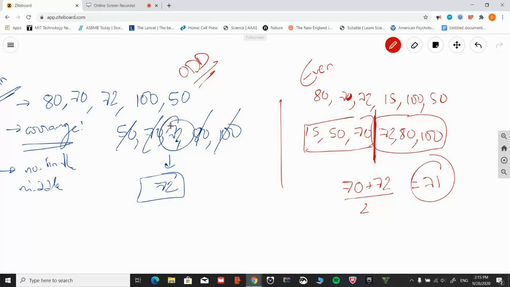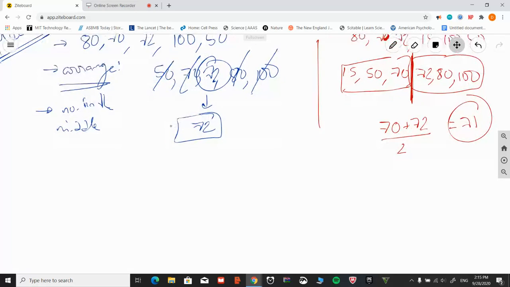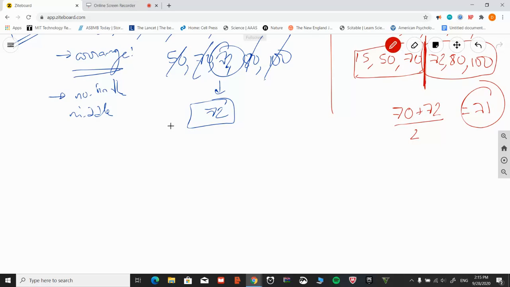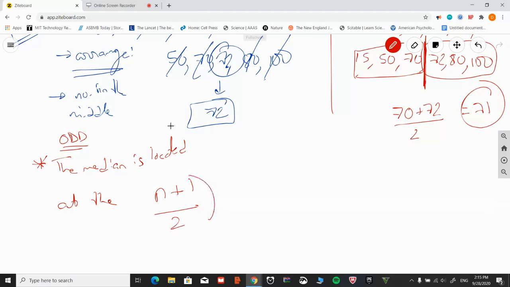But what happens when you're dealing with, let's say, 52 numbers? What happens when we're dealing with, let's say, 57 values? Well, we can come up with formulas, and these are 2 important formulas you have to remember. The first one, when you're dealing with an odd number of numbers, the median is located at the (n plus 1) divided by 2th position.